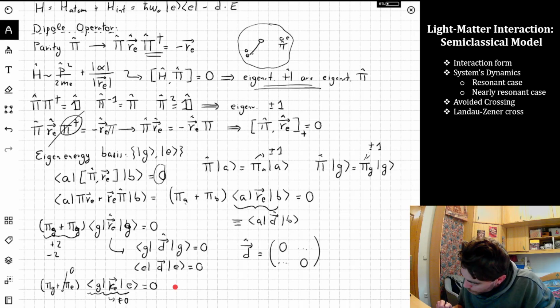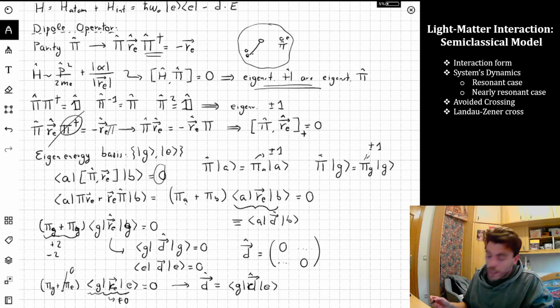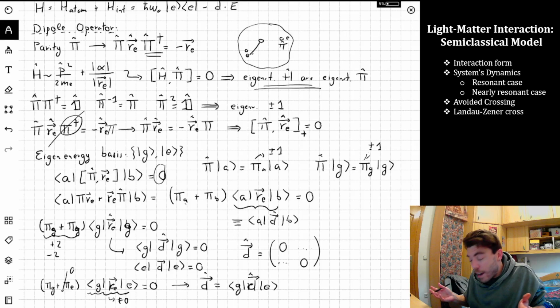And so the message is that the dipole operator can always be written, in our case that we have only 2 levels, as a certain value between the G and the E states, that is just a number that depends on the specific atom we have, so the atomic dipole strength, let's say.